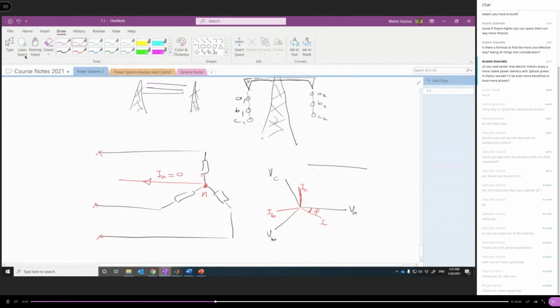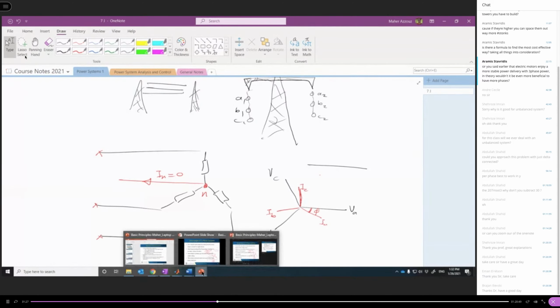But if there is imbalance, the voltage of this point will be higher or lower than 0, and will affect, of course, the safety of customers and also the voltage across their loads. So that is why we need 4 wires in distribution systems as opposed to 3 wires in transmission systems.